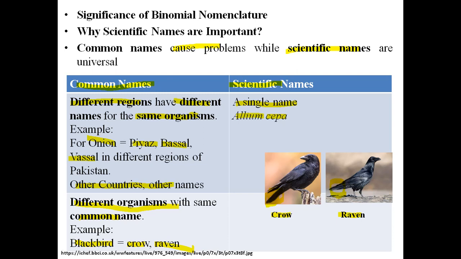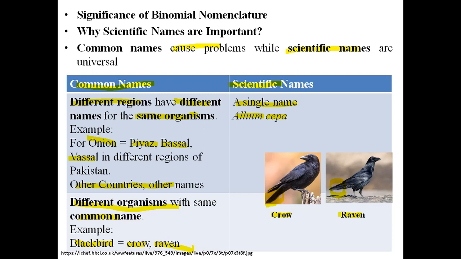Similarly, I remember one example of a plant in KPK, known as harmal in the Pashto language. Harmal seeds are used as smoke in houses as an insect repellent and to remove the evil eye. While harmal is also used in Arabic for another plant which is completely different, and its appearance is also different.